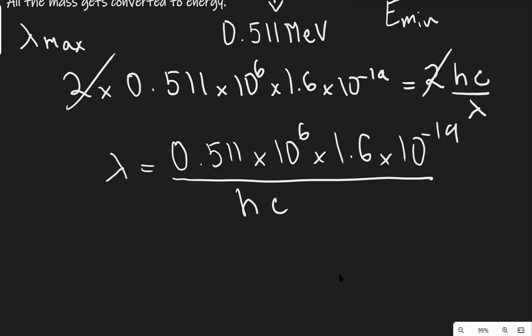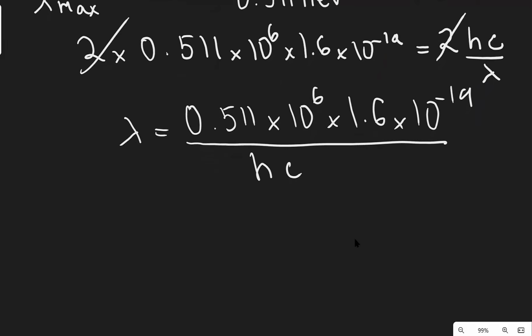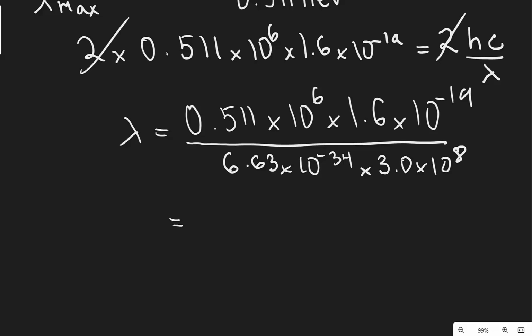After rearranging, we can see that lambda is 0.511 times 10 to the power of 6 times the electron charge divided by hc. Now let's plug in some values. So we know that h is Planck's constant, just 6.63 times 10 to the power of minus 34 joule seconds, multiplied by the speed of light, which is 3.0 times 10 to the power of 8 meters per second.